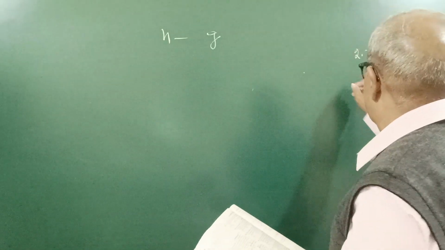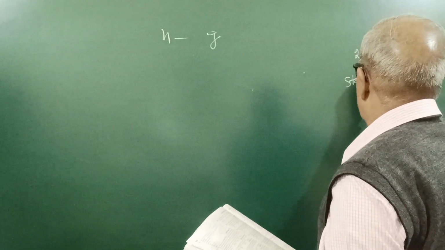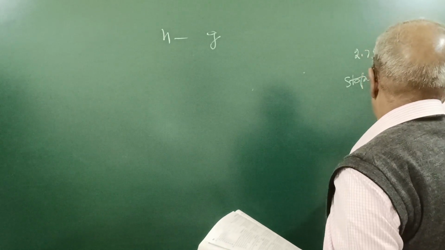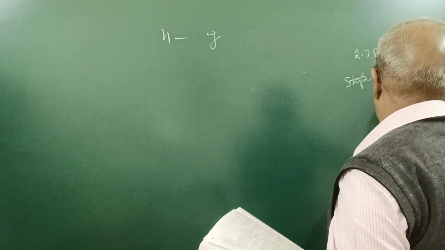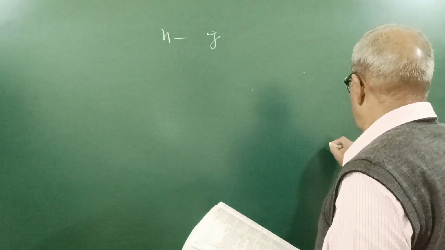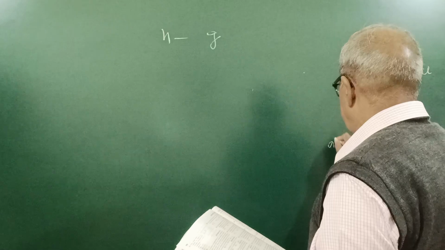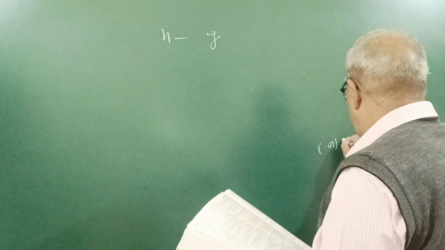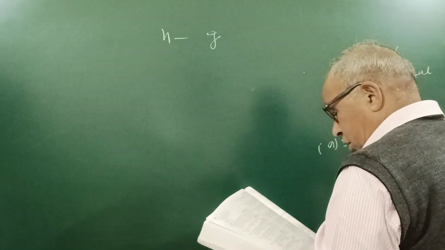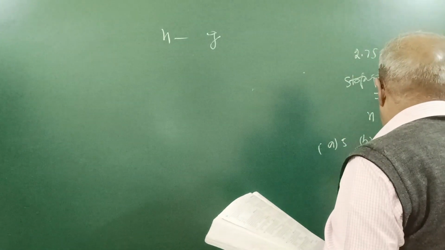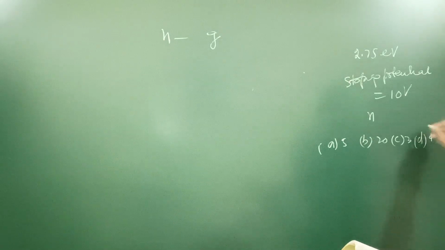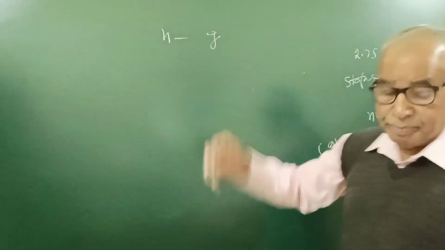The stopping potential is 10 volt. Then what is n? Option A is 5, option B 20, option C 3 and option D 4. You have to find out this n.